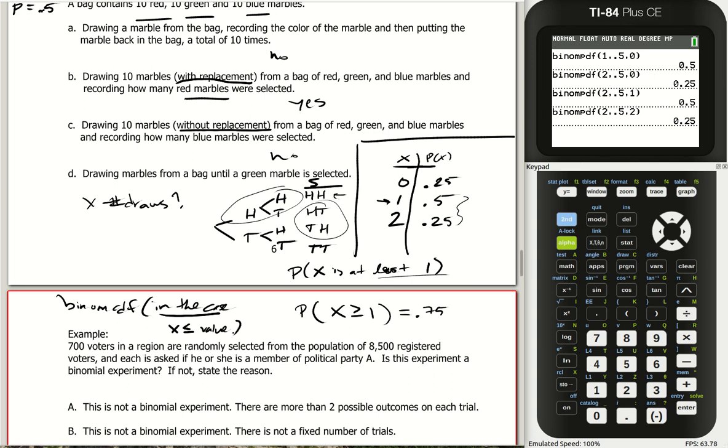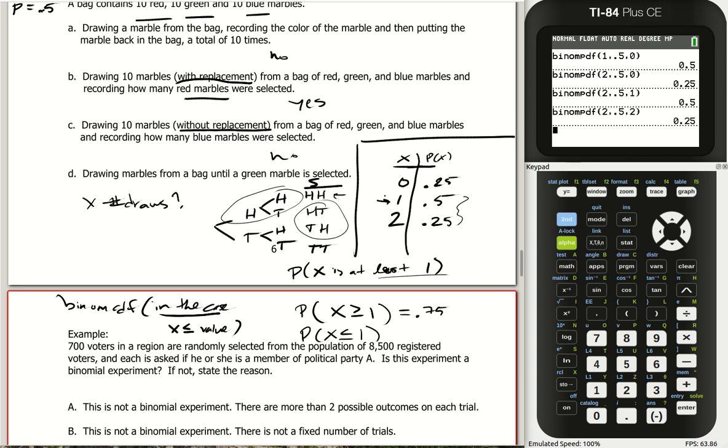It can only be used in this case. Binomial CDF always means add up the probabilities going from 0 up to the value that you put. So if we wanted to find what's the probability that we do not get any more than 1 heads, or the probability that we get 1 or less, we could also say the probability to get at most 1.